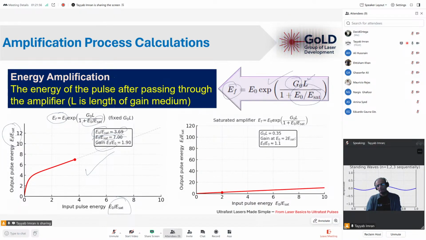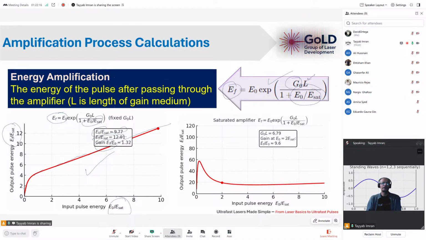In the beginning there is a small increase, but after it reaches 4, the increase is prominent with the increase of the input energy, and the output energy is increasing.